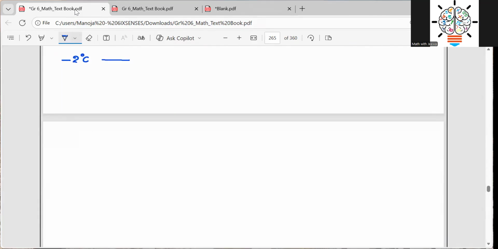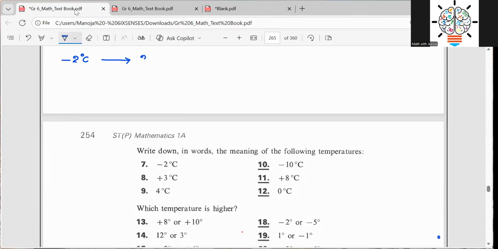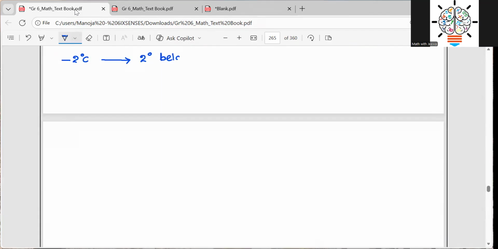We have 2 methods to write this. You can write 2 Celsius below 0, or you can write it in another way, 2 Celsius below the freezing point. Right? 2 Celsius below the freezing point.